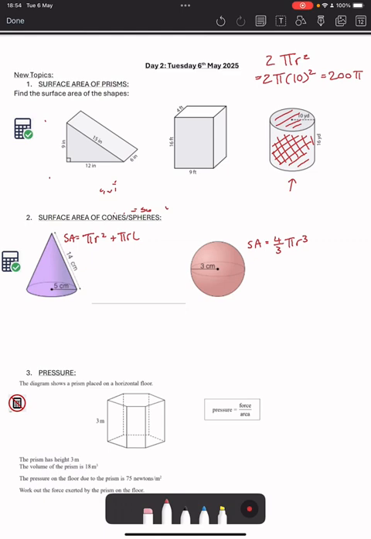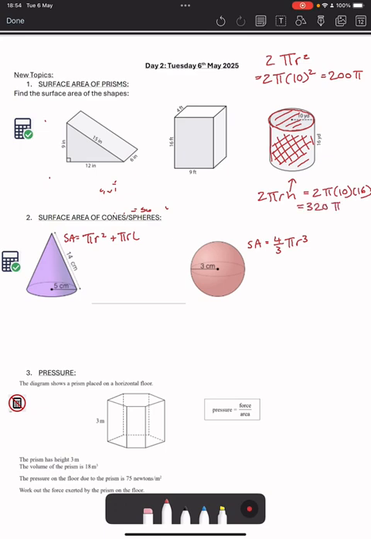So it's base times height, but the base is going to be this measurement here, which is the circumference, 2 pi r, and the height will just be this 16 yards here, 2 pi r h. Substitute everything in, 2 pi 10 16 is going to give me 320 pi.